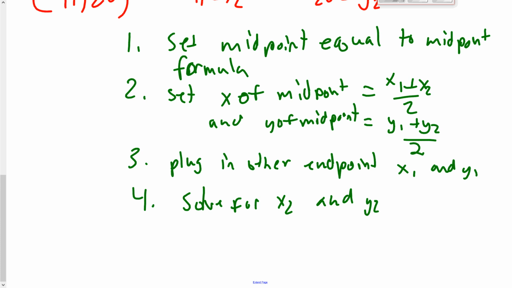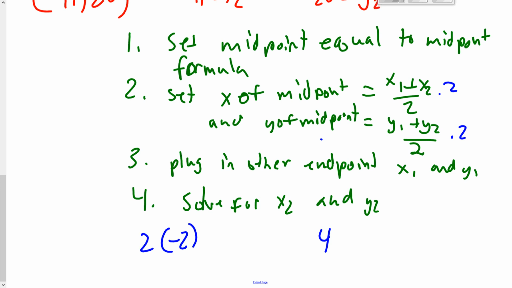Here are the steps. Set the midpoint equal to the midpoint formula by taking the x of your midpoint, negative 2, and setting that equal to x1 plus x2 over 2, and then take your y value, 4, and set it equal to your y1 plus y2 over 2. Then plug in your y1 and x1, and then you'd be solving. To get rid of dividing by 2, you would multiply by 2 on both sides of the equation.